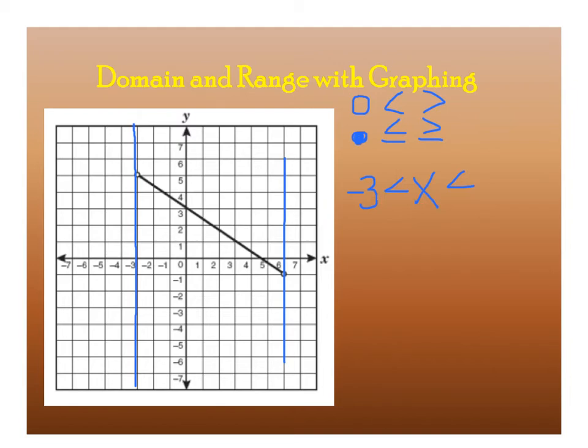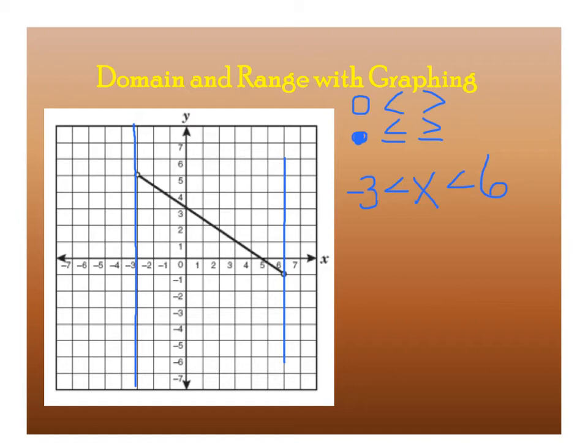And then it is also less than 6. And you say, what does that mean? That means any x value or in our coordinates for this line, all of our x values are going to be between -3 and 6.